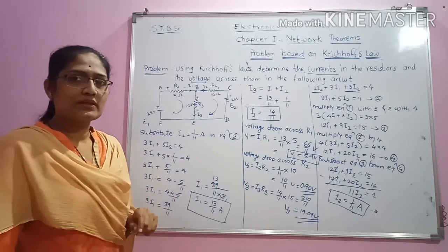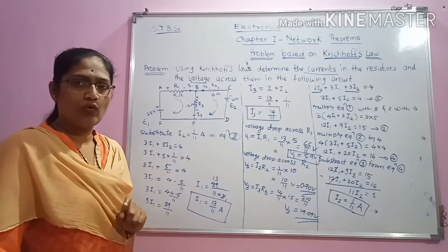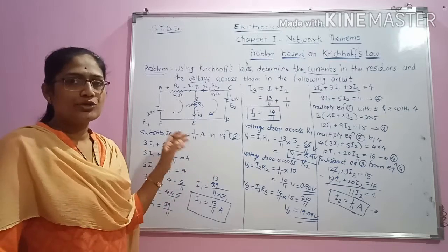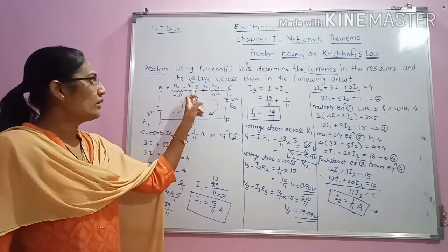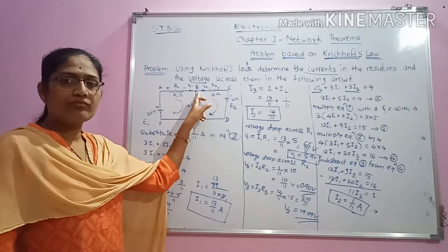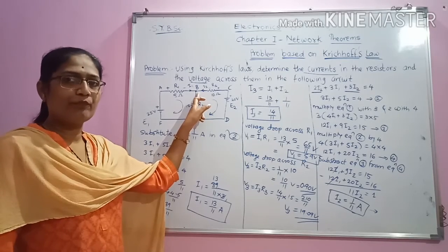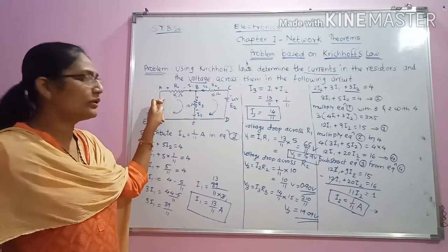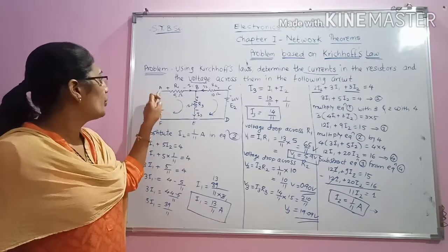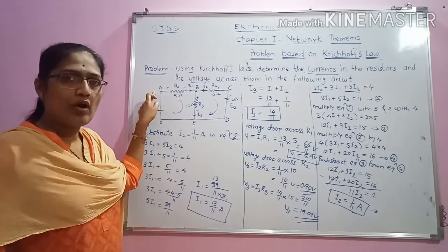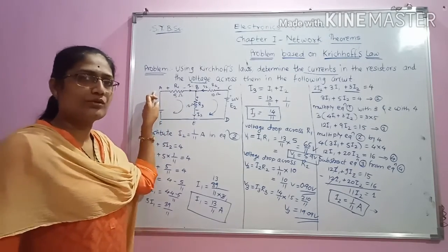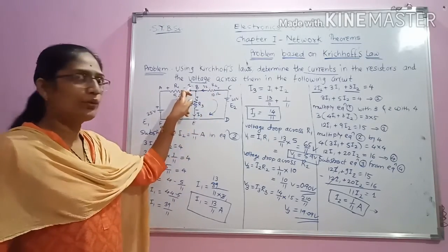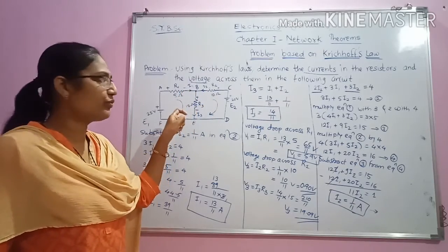So let's revise once again what are the steps that we have followed. While solving such type of examples, we have to remember that initially we implement Kirchhoff's current law and find that I1 plus I2 is equal to I3. Then we consider the two loops, loop A, B, E, F, A, and we apply the voltage law, and then we consider the B, C, D, E, B loop, and we again apply Kirchhoff's voltage law.